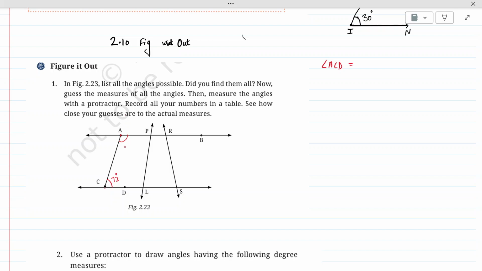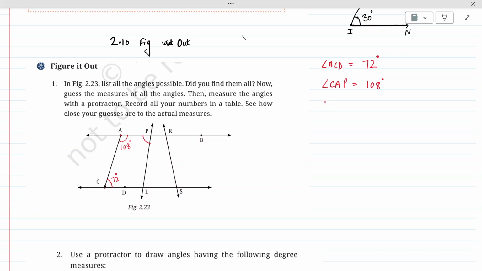When we do this, this angle will come near 108 degrees, kids. I am just writing also: angle ACD is around 72 degrees. Angle CAP is 108 degrees.